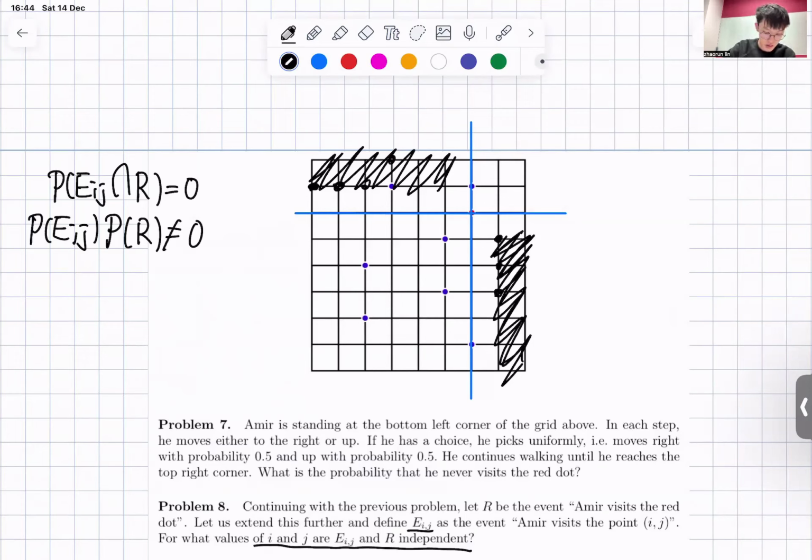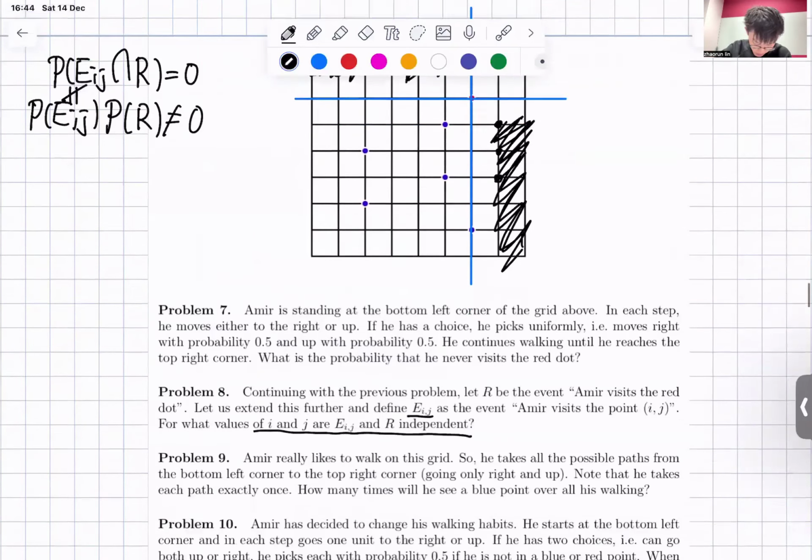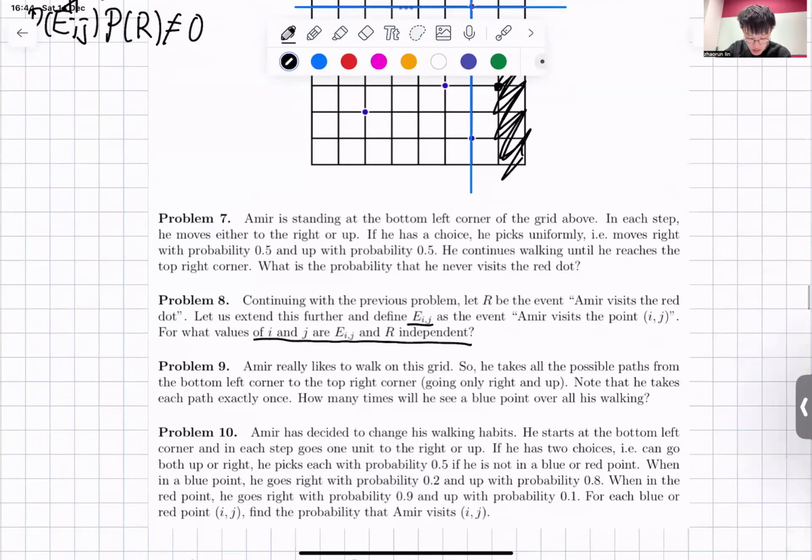So since they're not equal, these two parts are not equal. So these points, Eij and R, are not independent.